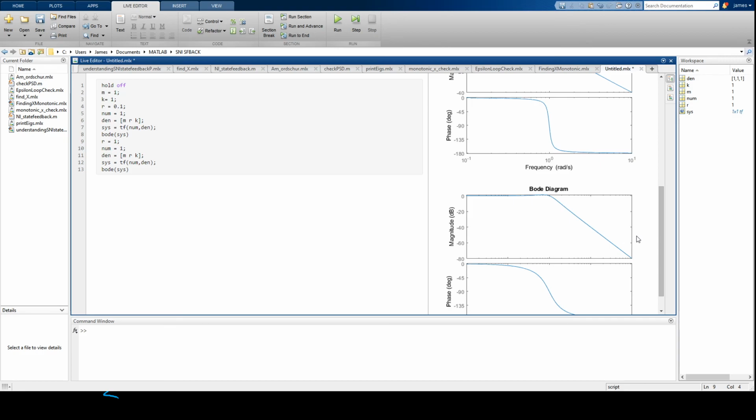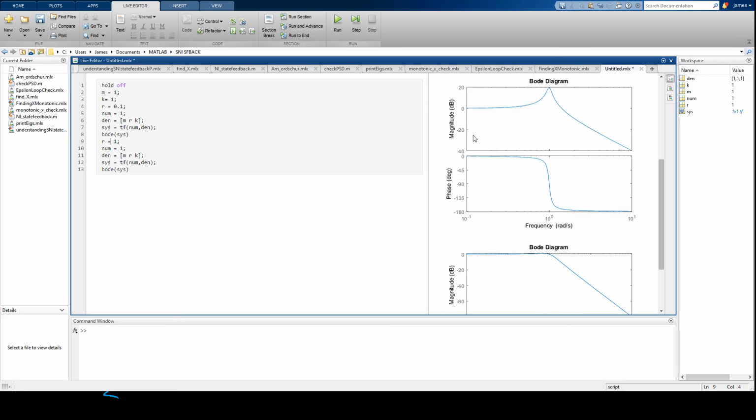But generally, the trade-off here is if we come and look at, say that we have this minus 20 dB point, and we trace it across, and we look at where we are on the plot. And we're here at, what is that, omega is equal to, let's call it 3.5.